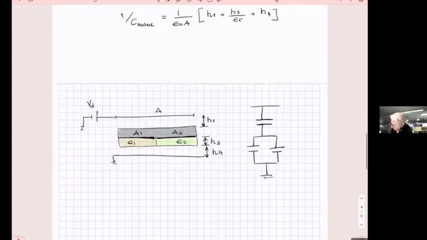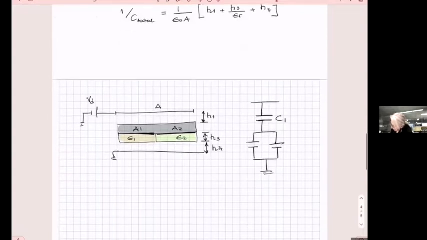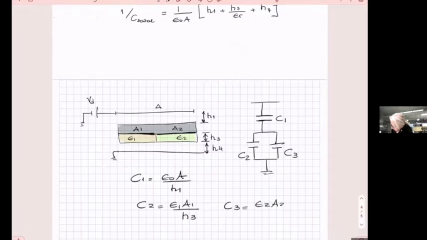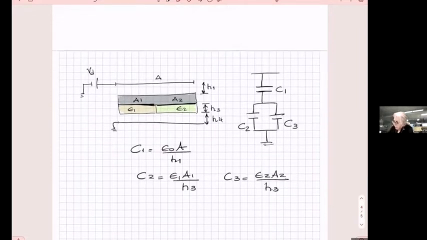All right, where C1 is going to be epsilon naught A over H1, C2 will be epsilon 1 A1 over H3, C3 will be epsilon 2 A2 over H3, and we have C4, I forgot that.